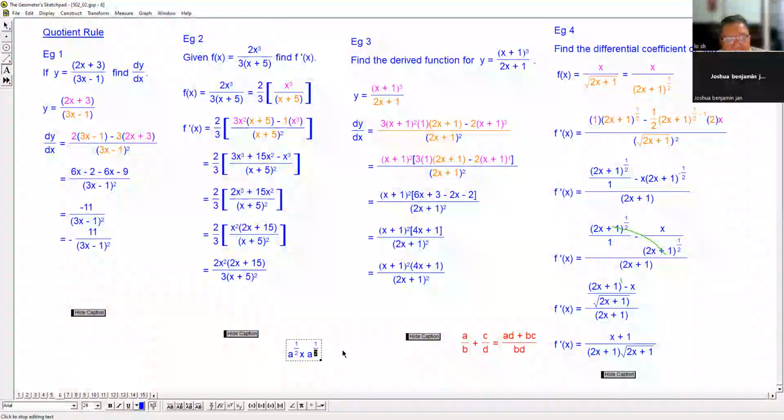What is this? A to the power 1 over 2 times A to the power 1 over 2 is A to the power of what? Power of 1. You add the two halves together. Half plus half is 1. So when you multiply this half and this half, the answer is 2x plus 1 to the power of 1. Any question?